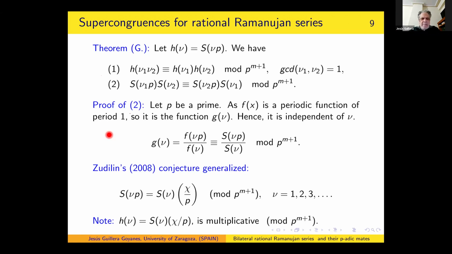Sutherland gave these congruencies, but for nu equal 1, and this is true for all values of nu in 1, 2, etc. And we can observe that this function, as they are equal modulo p to the m, is also multiplicative in this module.